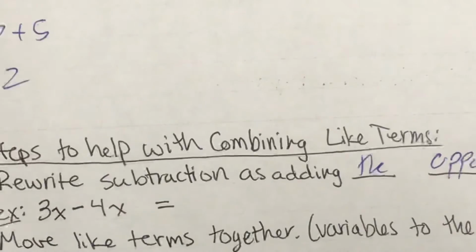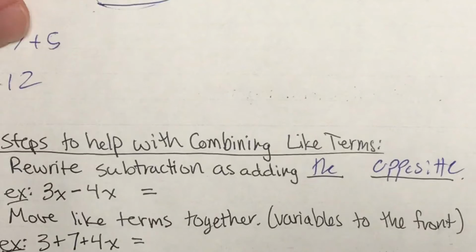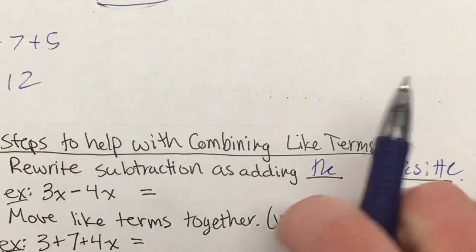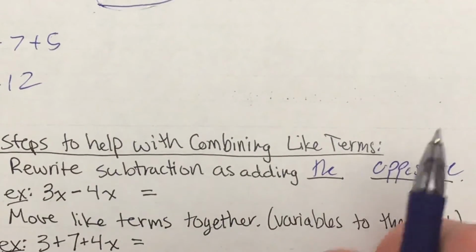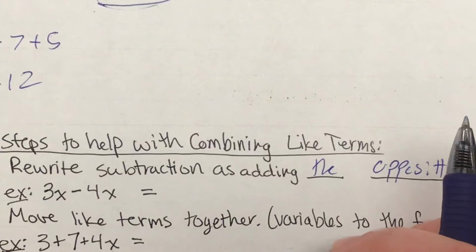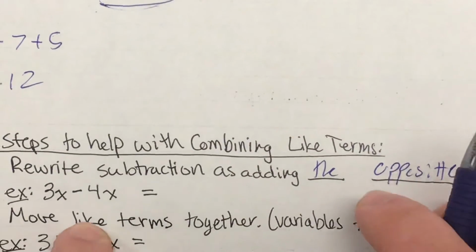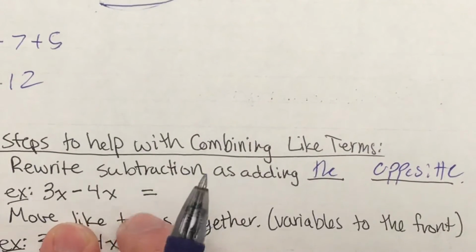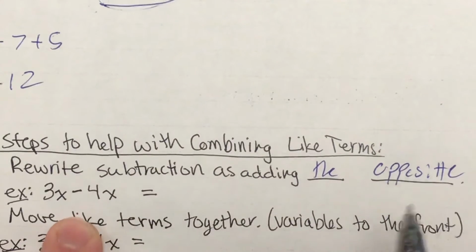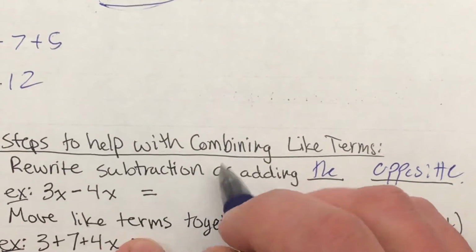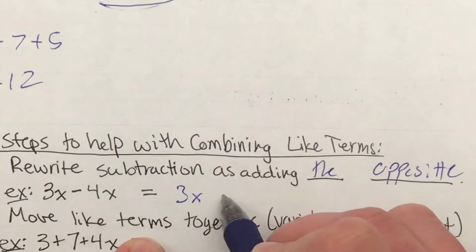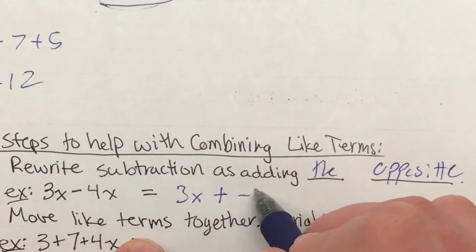All right. So if on our example we have 3x minus 4x, how would we rewrite that as adding the opposite? It's going to stay in the same order. We're not simplifying quite yet. We're just going to rewrite it. So just the negative plus. We're going to rewrite it as 3x plus negative 4x.